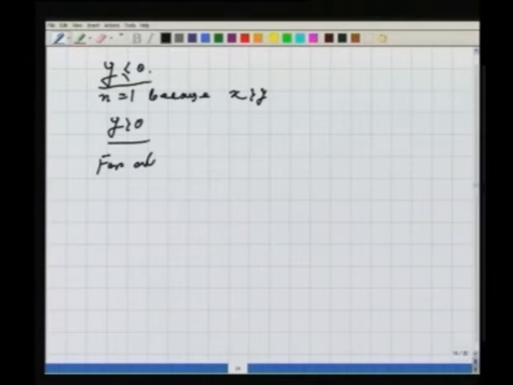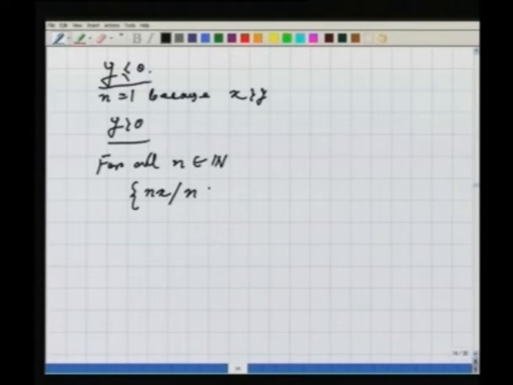The contradictory statement is, for all n in the set of natural numbers, the set nx satisfies n x less than or equal to y for all n.